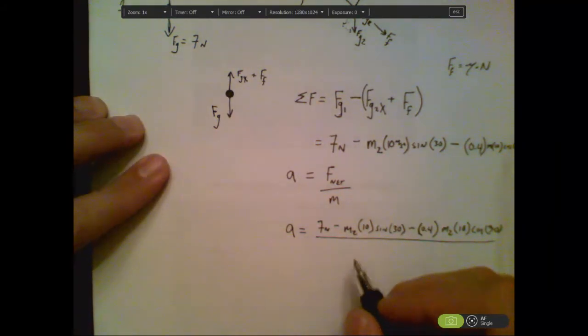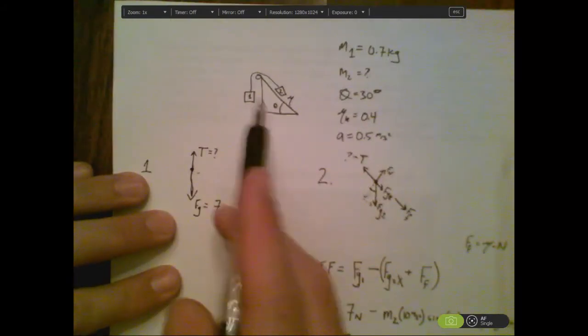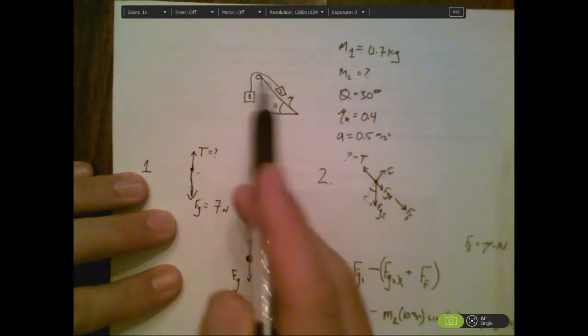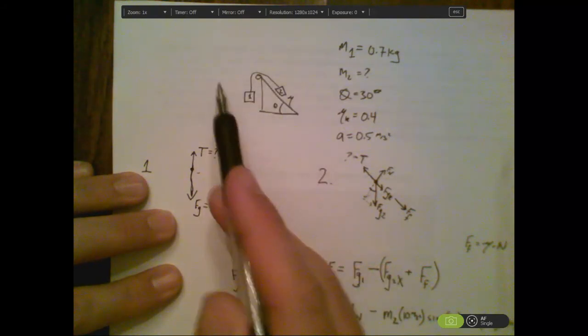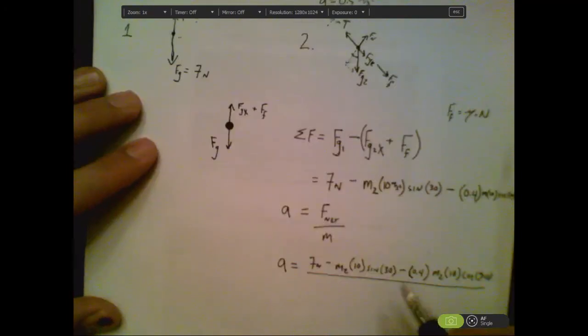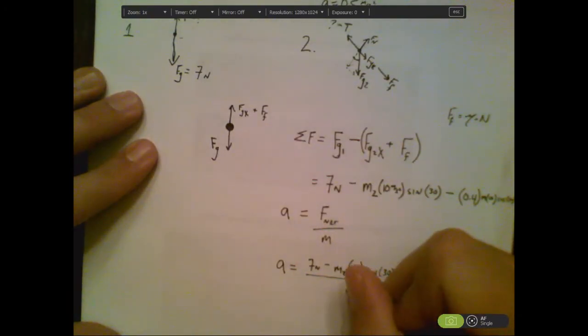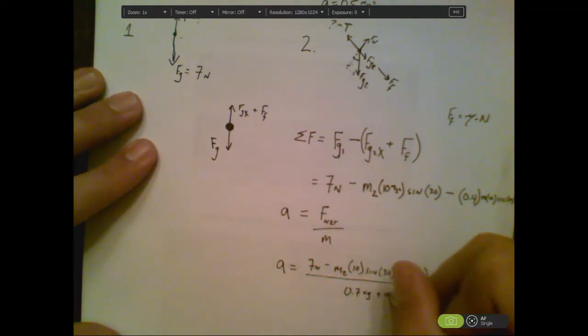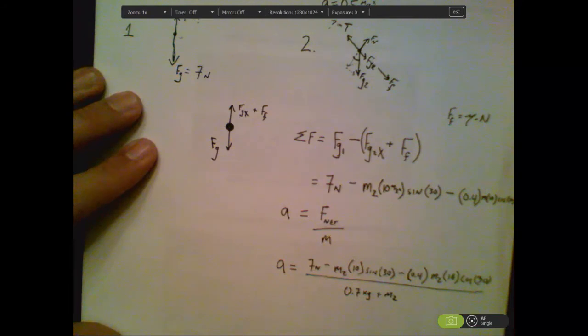And what mass accelerates? Well, the whole thing acts as a system. Remember how we talked about the problem on the board pulling along the table: these two are hooked together, so you have to consider them as a single system. So we have to add those two masses together, M1 and M2. M1 is 0.7 kilograms plus M2.